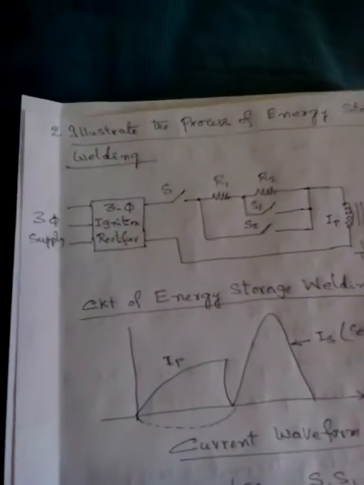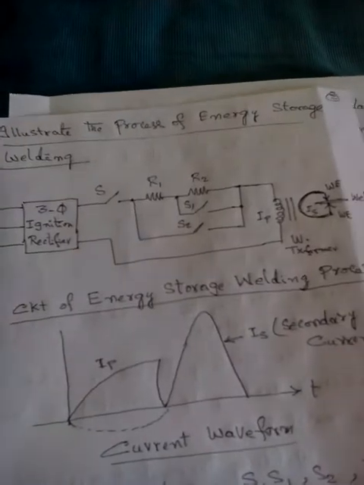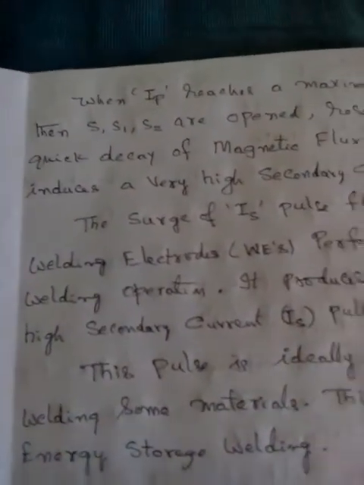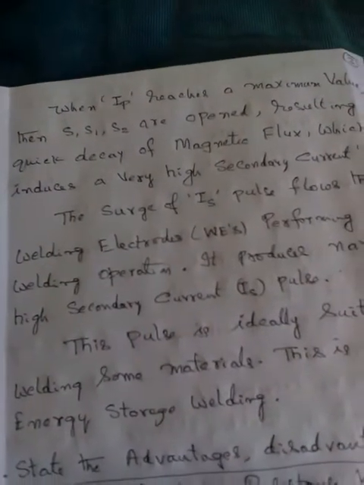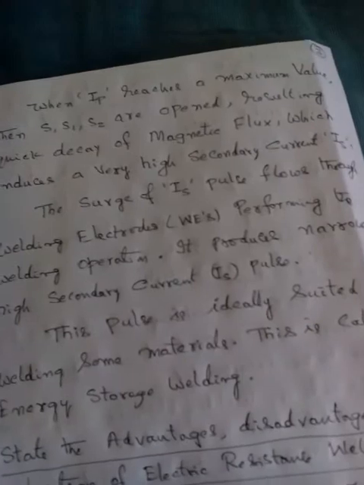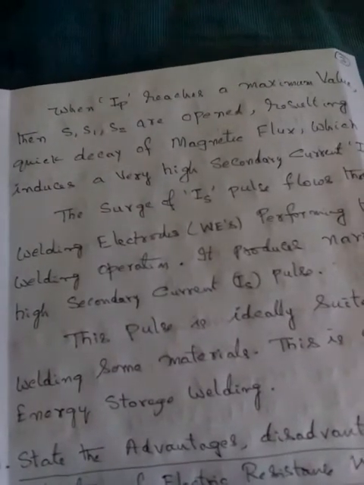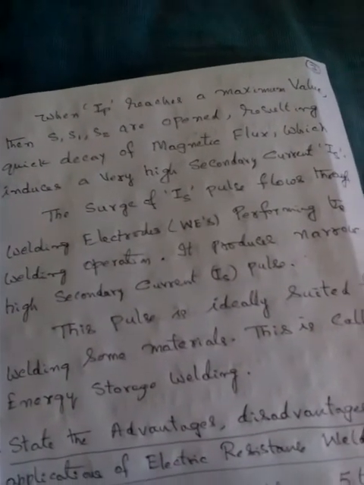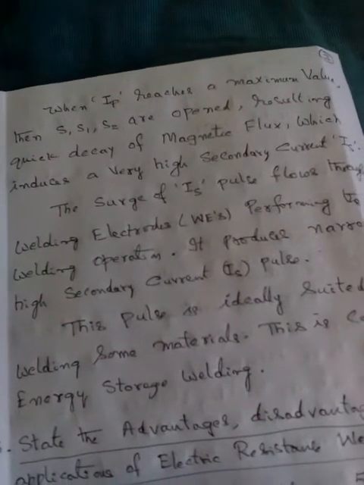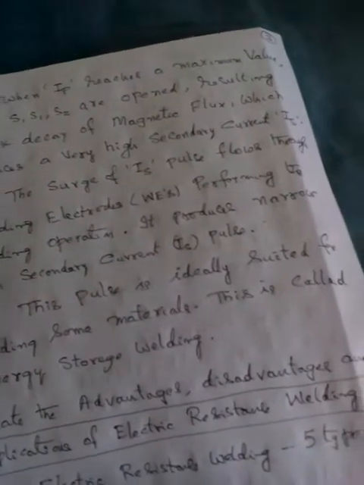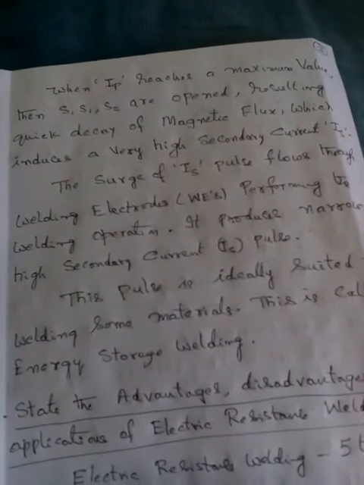It produces a secondary current in the form of a pulse. The surge of the Is pulse flows through the welding electrodes, performing the welding operation. It produces a narrow, high secondary current pulse, ideally suited for welding some materials.